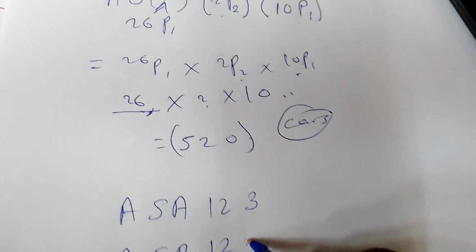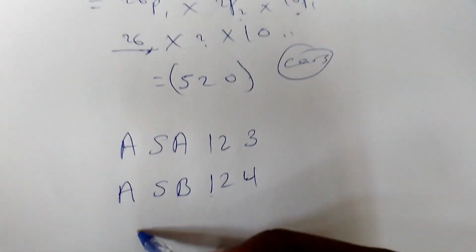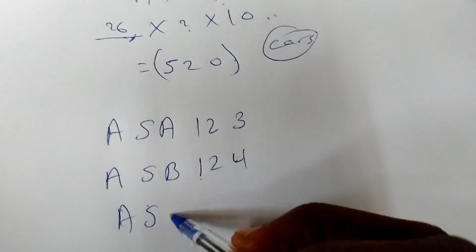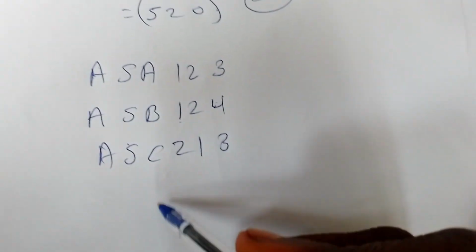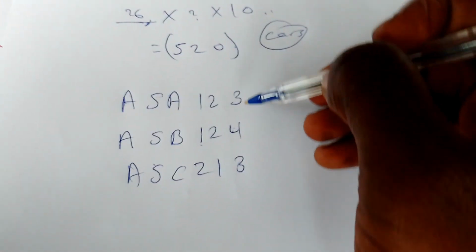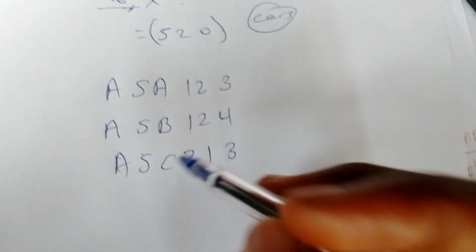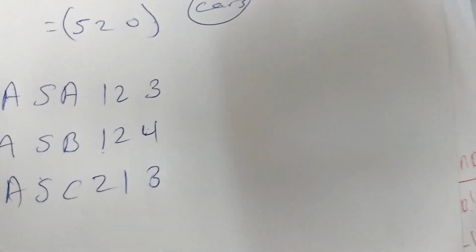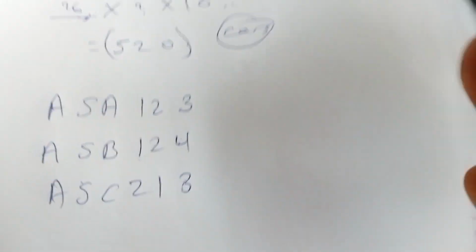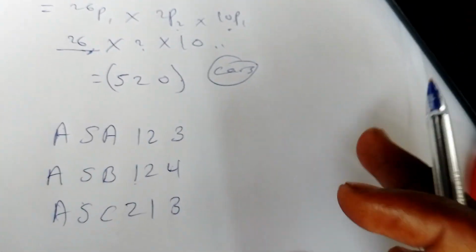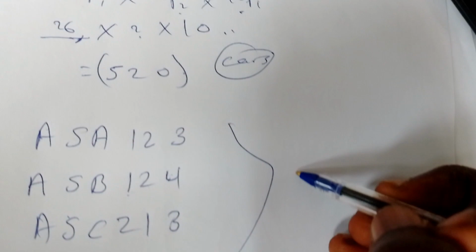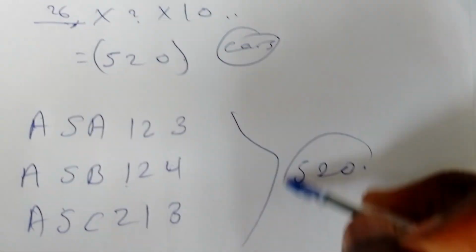You can even switch these two because she doesn't remember the order. So when you keep writing all the possibilities, you write 520 numbers. The police can say, these are the 520 numbers we can deal with. And possibly if they find that some of the cars are not in working condition, they can keep narrowing down their possibilities to see who really the criminal is.